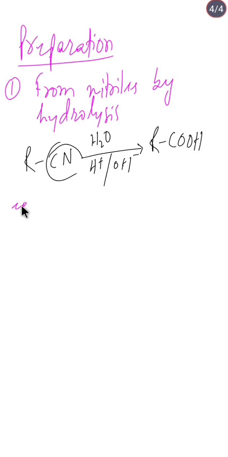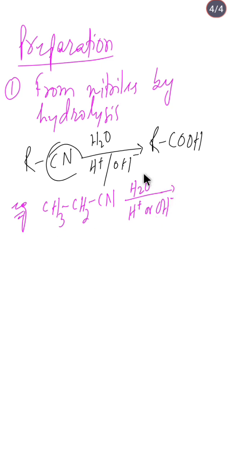So let me give one example. This is our propane nitrile, and if it is hydrolyzed in presence of an acid or base, then from this compound, after hydrolysis in presence of an acid or base, we are going to get CH3 CH2 COOH.